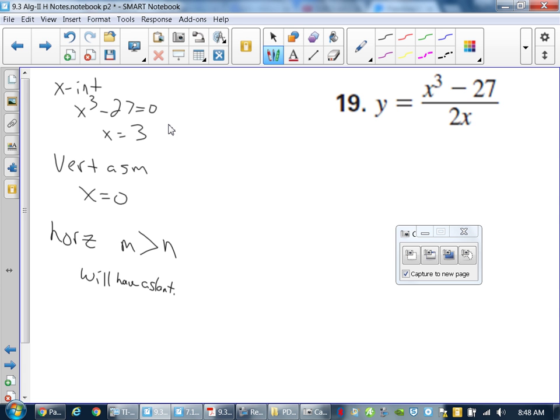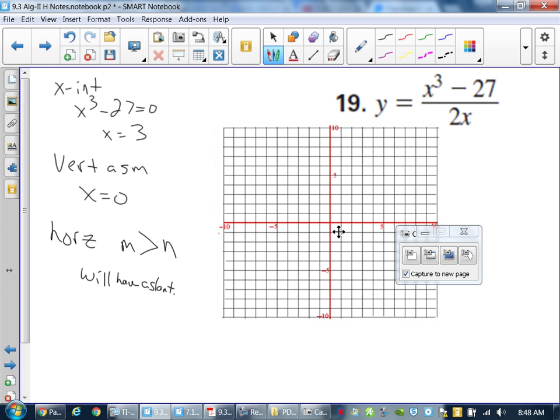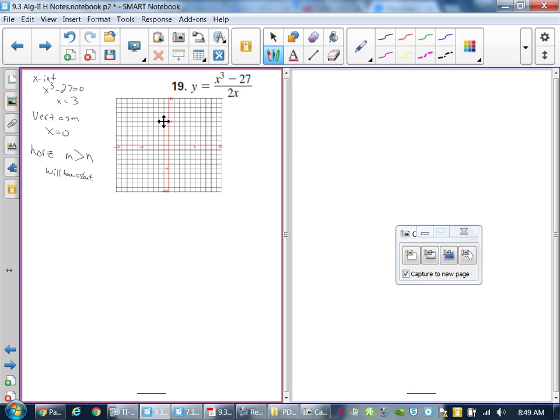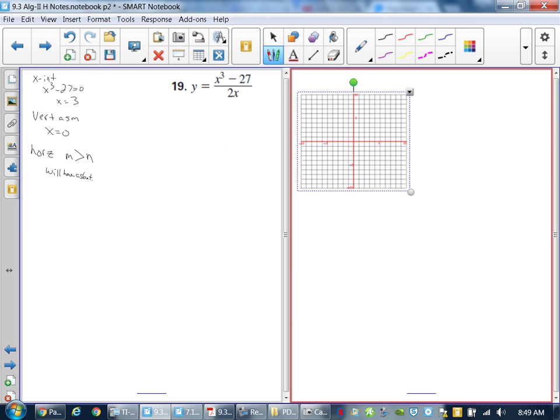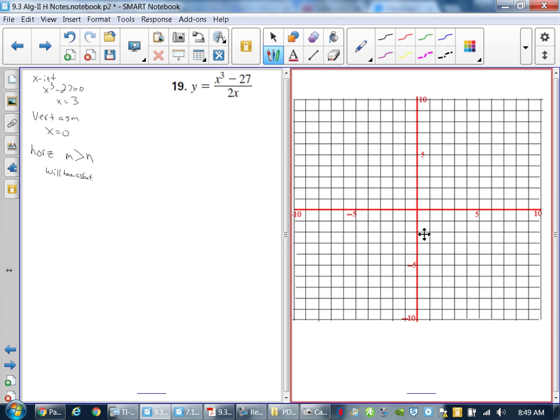Okay. So if I go to graph this one, let's have more space. We know we have an x-intercept at 3 and a vertical asymptote at 0.